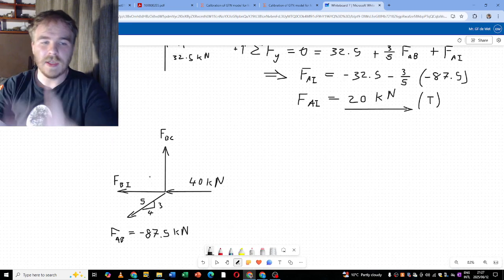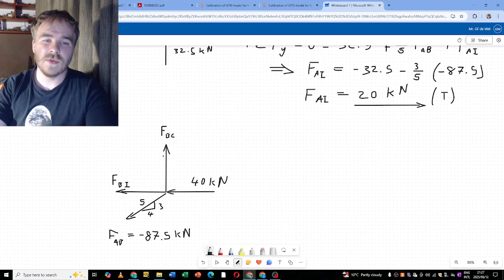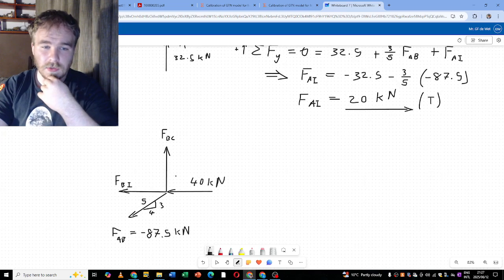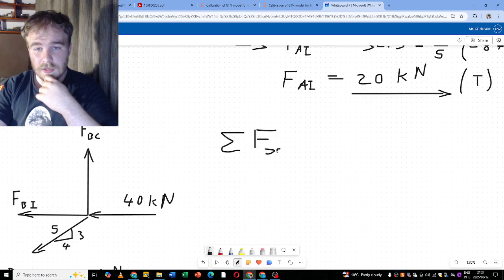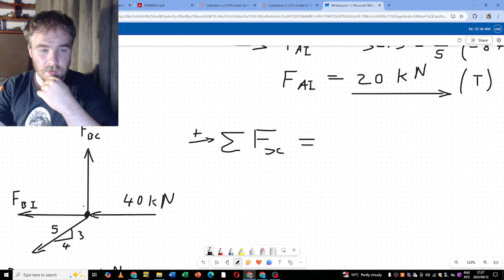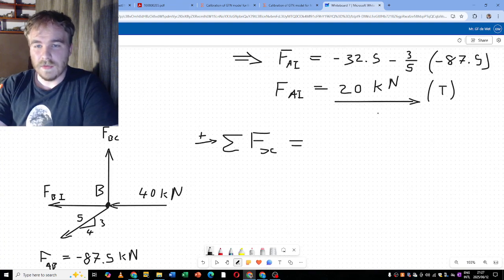And this one is relatively easy because all the forces that we want to calculate are nicely aligned with the axis system that we chose. So I'm just going to go from x to y. So sum of forces in the x direction is 0, and we defined x this way. And oh, I just need to quickly go and put this is point B, so we don't get confused.